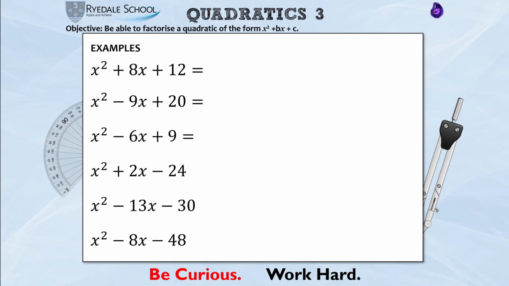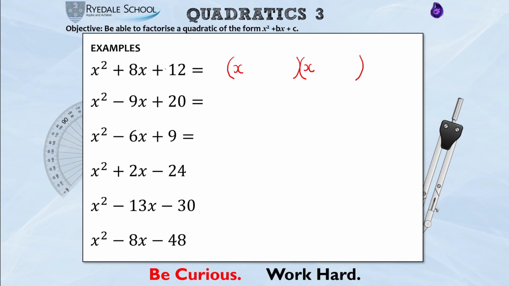We are just looking at the factorisation process, which is putting it into the two brackets. So we would set our two brackets up. We would populate each bracket with x, or if it was a different letter, whatever that letter would be. In the GCSE exams, more or less, it's always x.